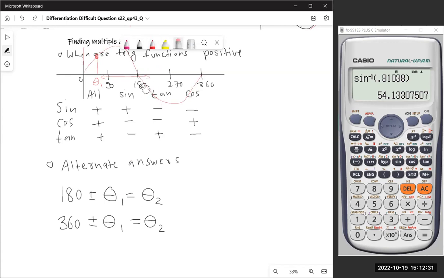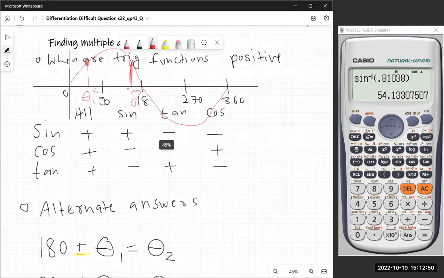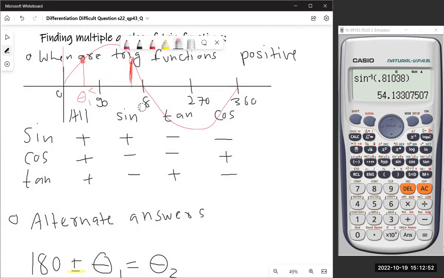I'm going to do 180 minus theta 1. Because I know that I'm looking for an answer over here. My answer must be right here. So for this, all I have to do is go back theta 1 times to reach this place, which is theta 2. Okay. Does that make sense to you? All right, good.